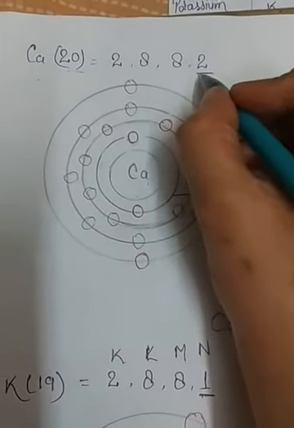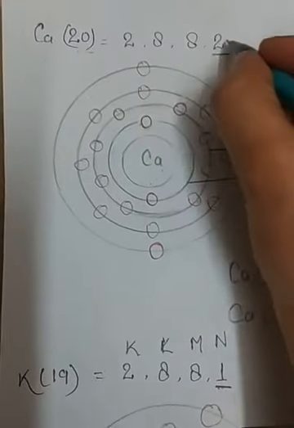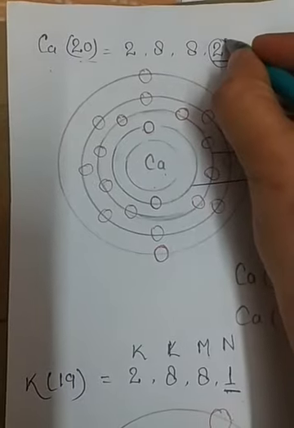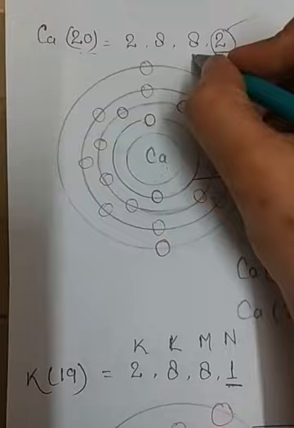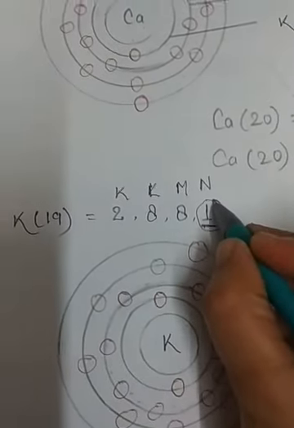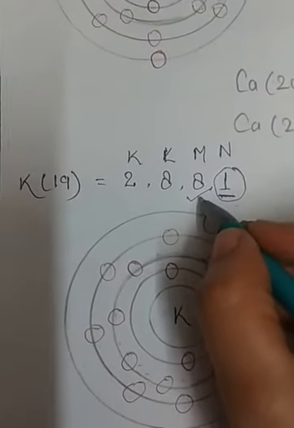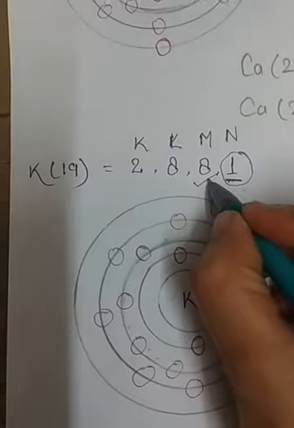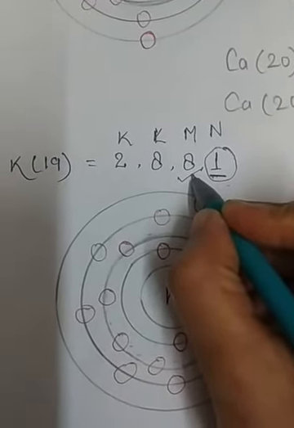It means that by donating 2 electrons, it can attain stability. By donating the electrons, it will get 8 electrons in its outermost shell. Those elements which have 8 electrons in the outermost shell become stable.